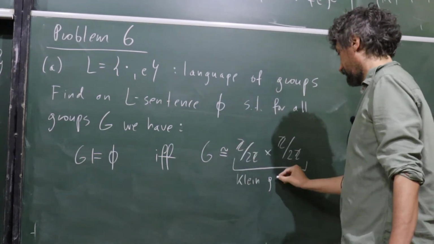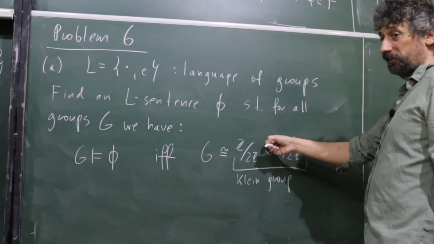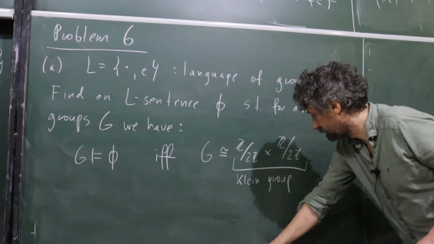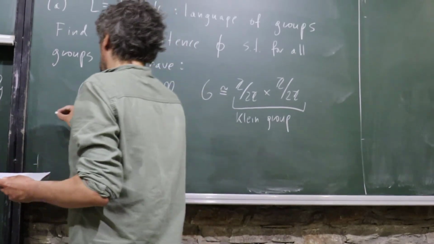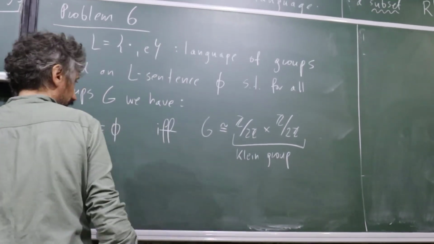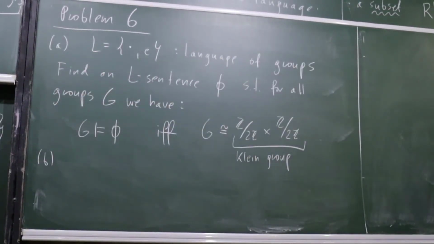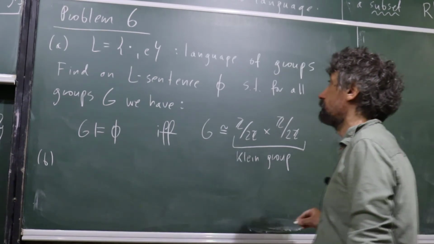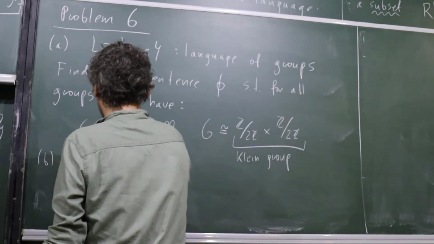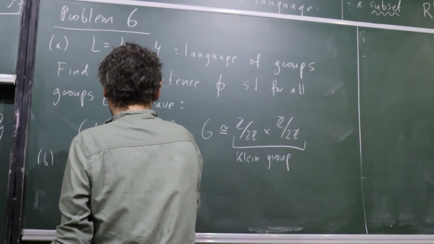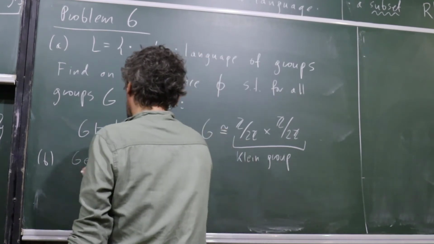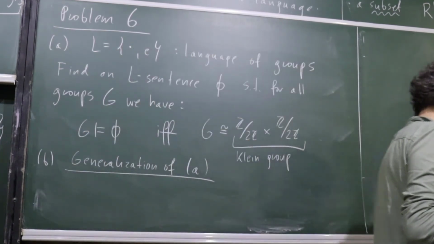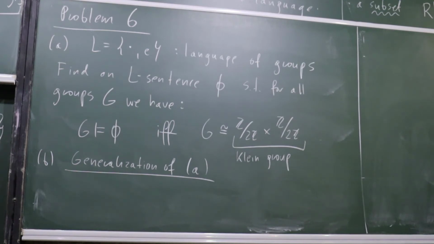Now isomorphic, but it's important that this group is finite. And part B says that the Klein group, or even being a group, didn't matter here. So it is a generalization of A: we can do the same in any language and for any finite structure. For any finite language.